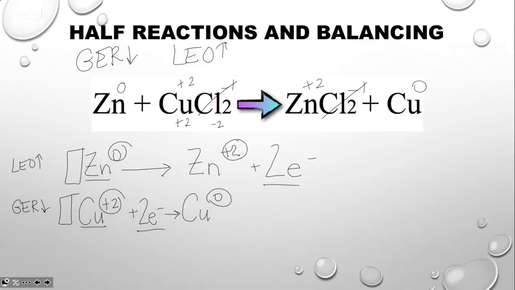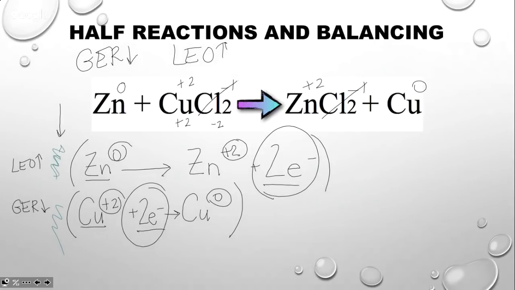If they're not the same, you wind up multiplying your half reaction by a coefficient. Remember, we put them in parentheses and multiplied out. So if we needed to get the electrons the same, we'd put something here and something here to multiply the whole half reaction by something to get the electrons to be equal.